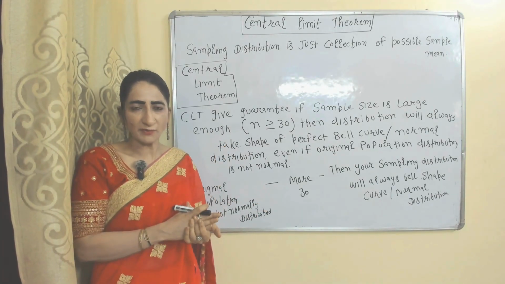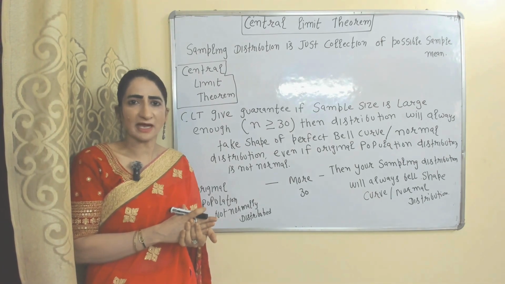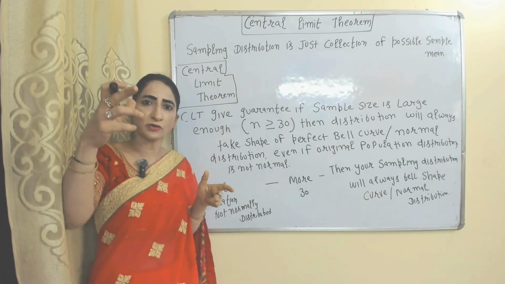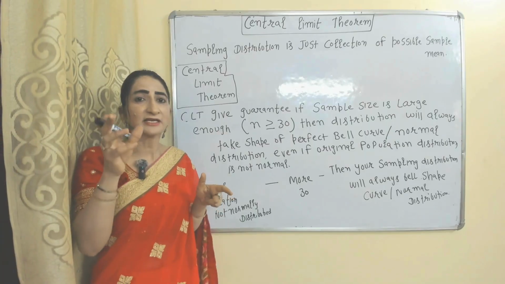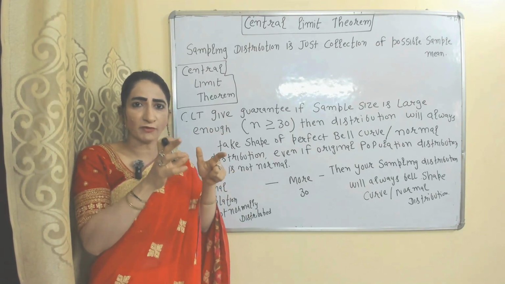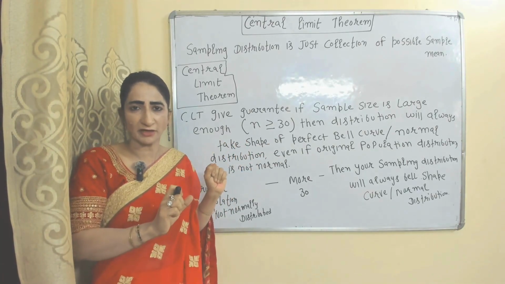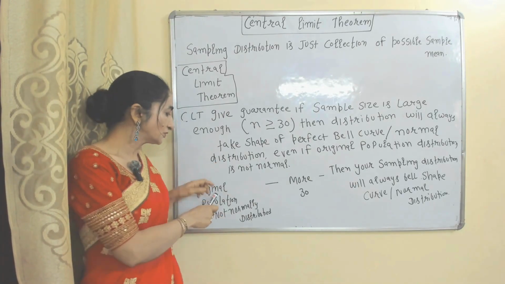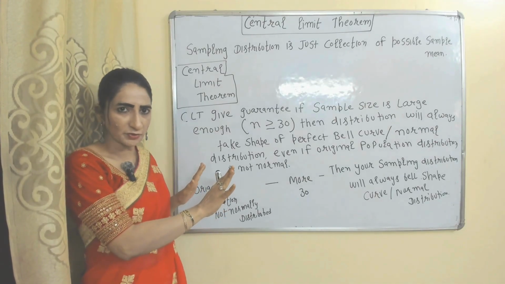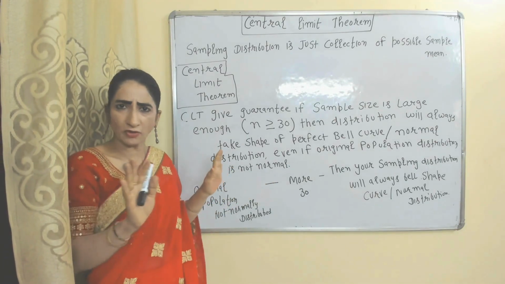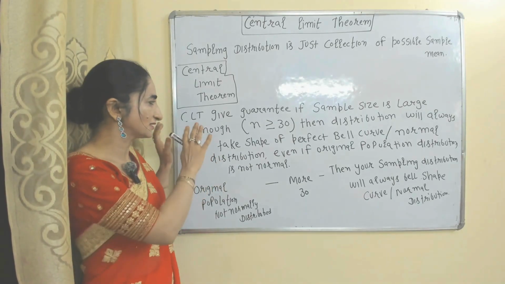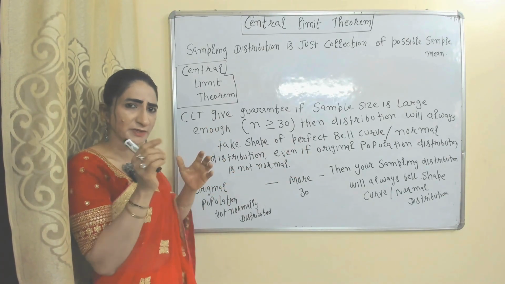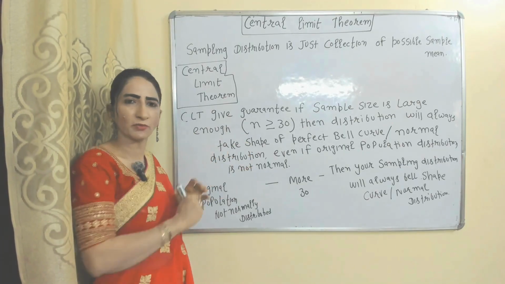Central limit theorem gives a guarantee that if your sample size is large enough, then your sampling distribution will follow a normal distribution, or you can say a perfectly bell-shaped curve, even if your original population is not normally distributed. Your original population is not normally distributed, but if your sample size is equal to or more than 30, then central limit theorem guarantees your sampling distribution will always be a perfect bell-shaped curve or normal distribution.